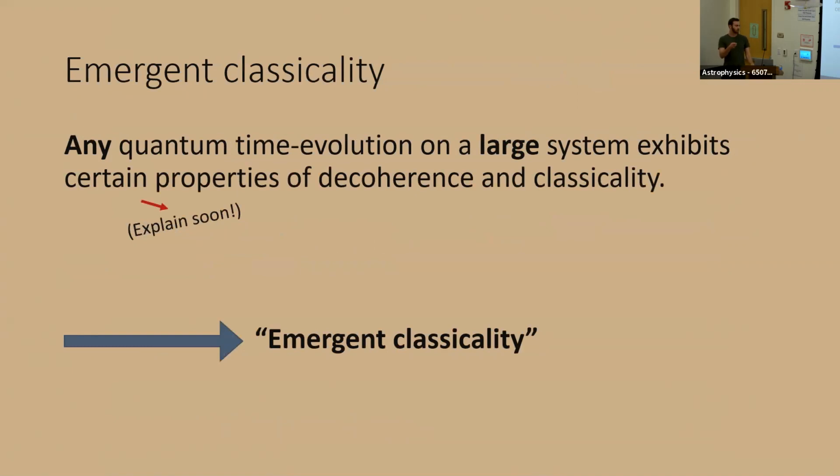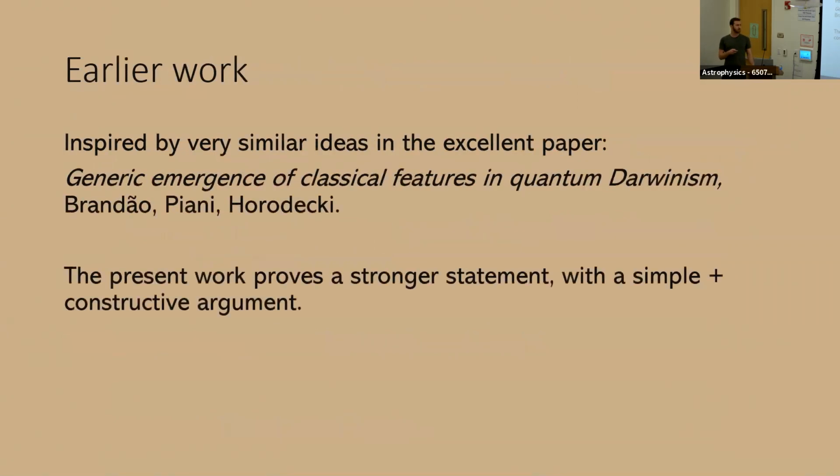And that's what I'm referring to as the emergent classicality, and I will justify that shortly and explain exactly what that means mathematically. So first let me say, this is based on some similar ideas in this earlier paper, which is really nice. And then we have a much stronger result with a more constructive argument.